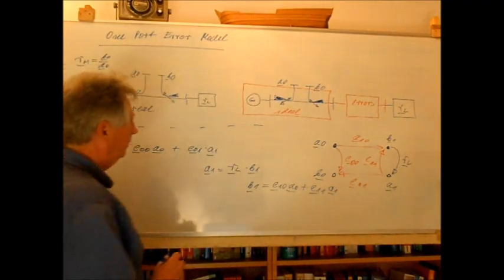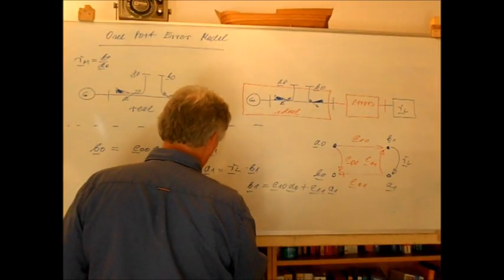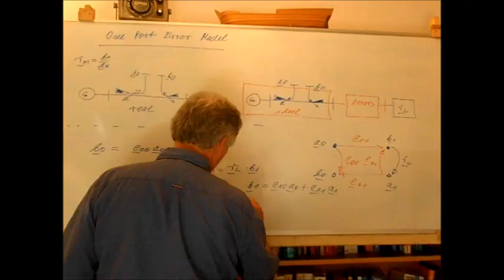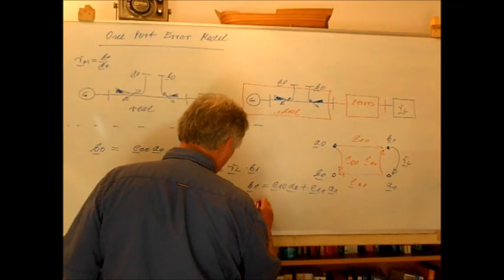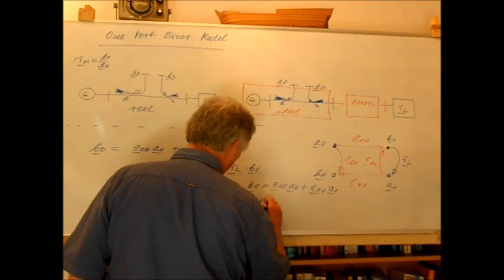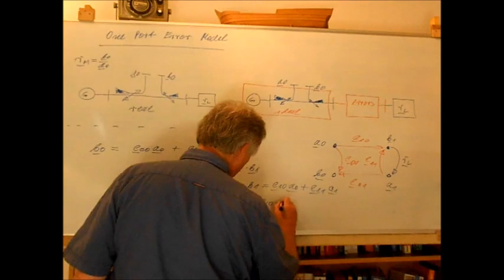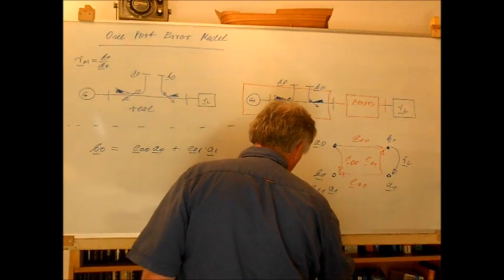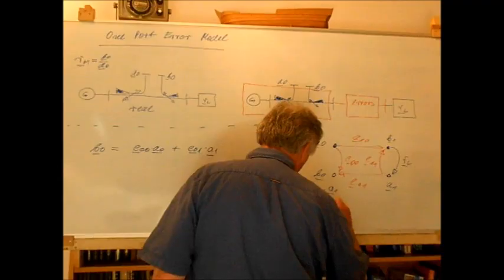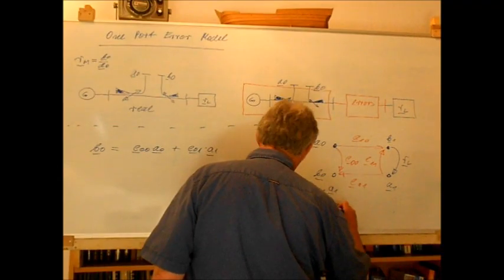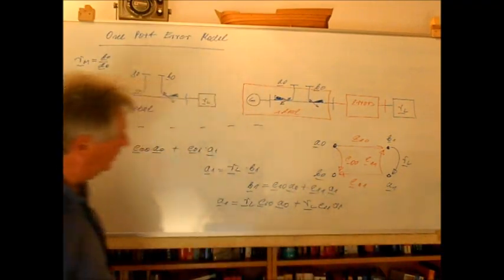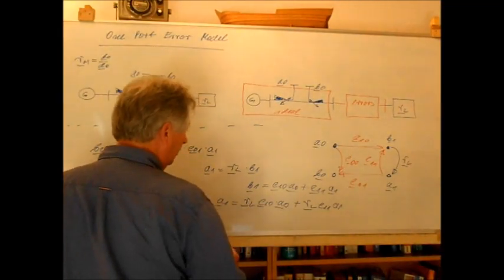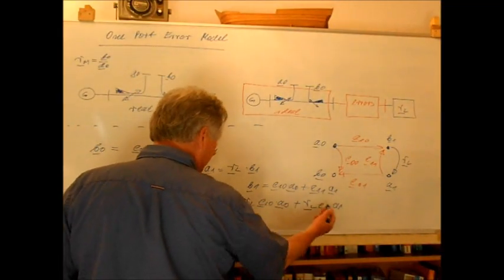So we can see that A1 is given by RL times E11 times A0 plus RL times E11 times A1. So we have here A1 in one equation, so we can solve this.